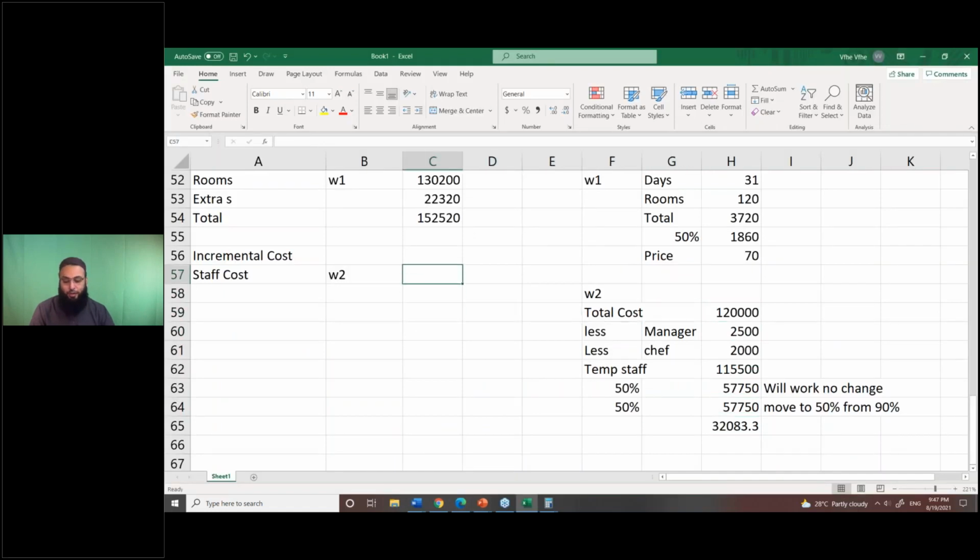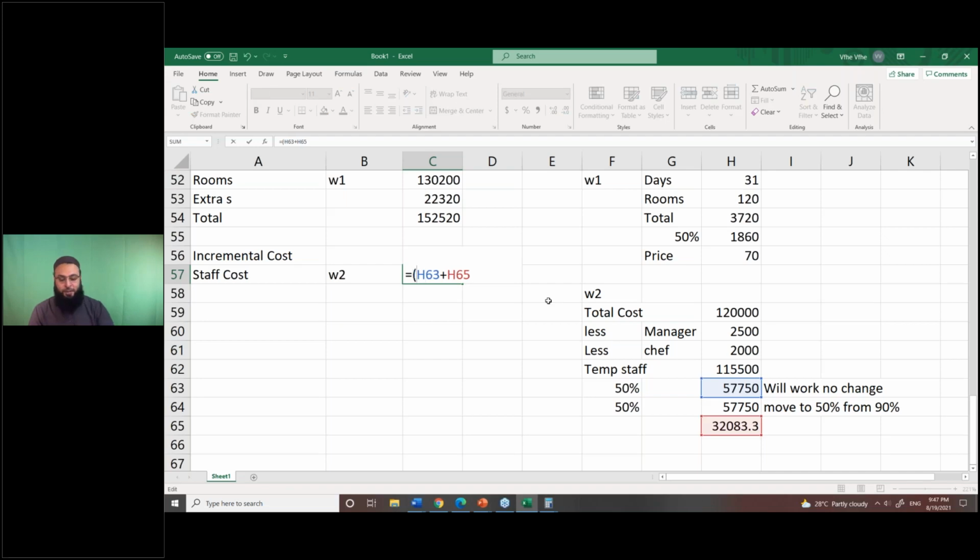So it's simple. For staff cost, this 50% is an incremental one, and the other relevant one is 32,083. So in total, I'll be taking these two figures. Right?